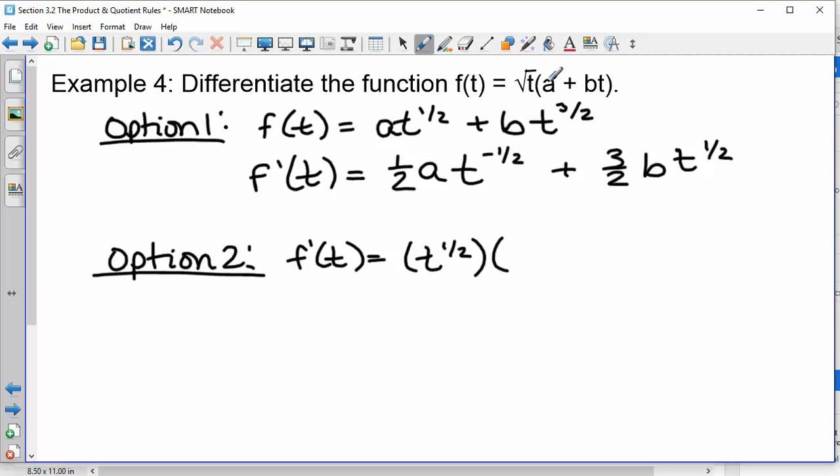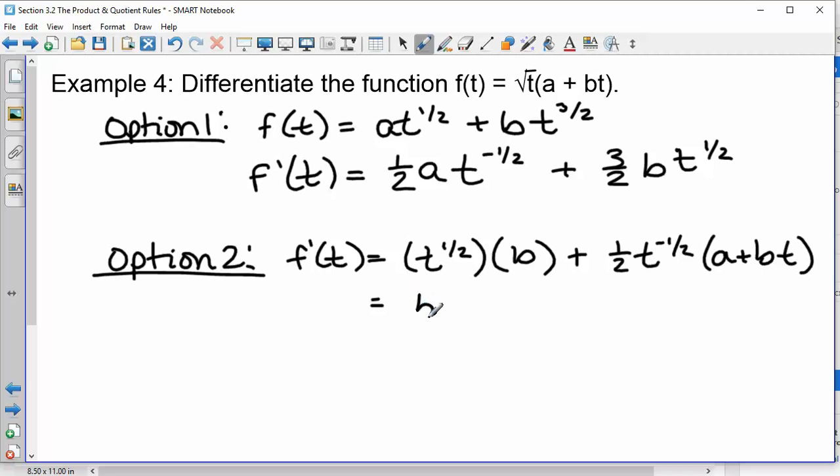Derivative of a would be 0. b times t, the derivative of t is just 1, so we just get a b there. Plus the derivative of the first, derivative of t to the 1/2 would be 1/2 t to the negative 1/2 times the second.